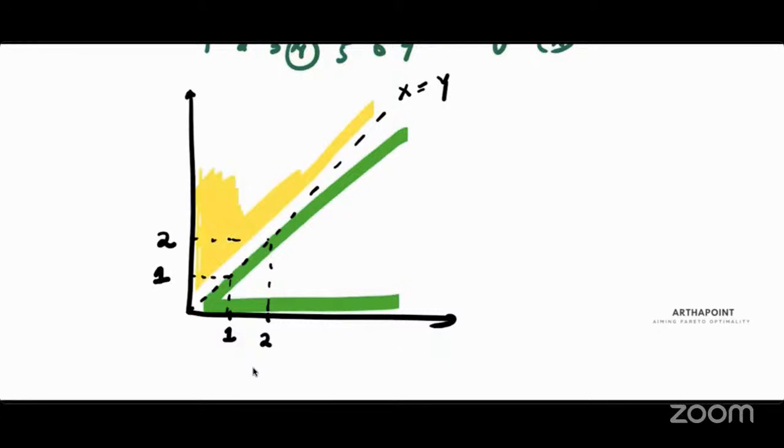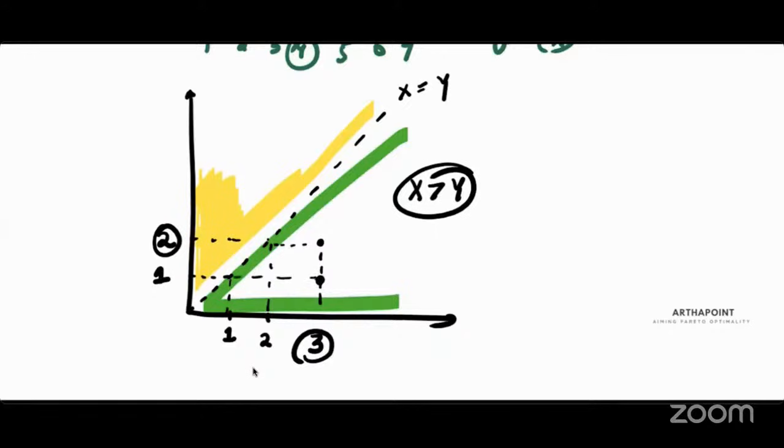If I carefully notice, this side of the space, if I take any point, supposedly I take a point like this, here, this part of the space has x which is more than y. Y is 2, x is 3. So throughout the right hand side, I always have x greater than y. You take any point in this green zone. Take a point here. X is 3, y is 1.